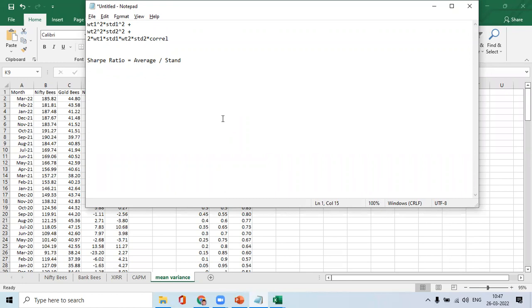So these two positive numbers and you are minusing something, so it will become a lesser number. So basically the lesson there is select two asset classes with negative correlation. That way you will reduce the standard deviation and increase the Sharpe ratio.